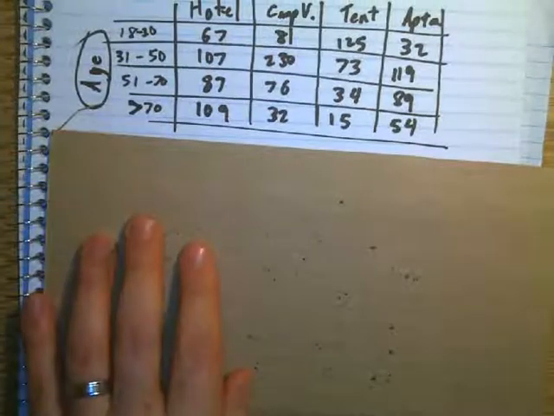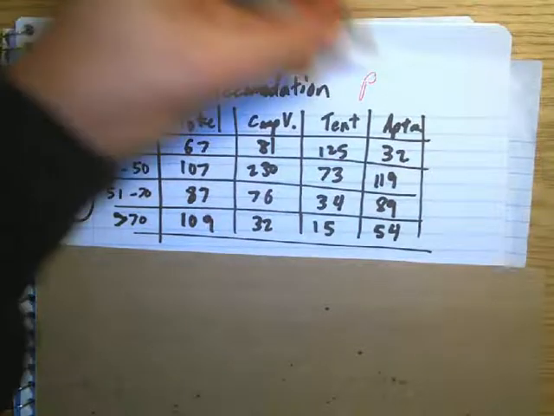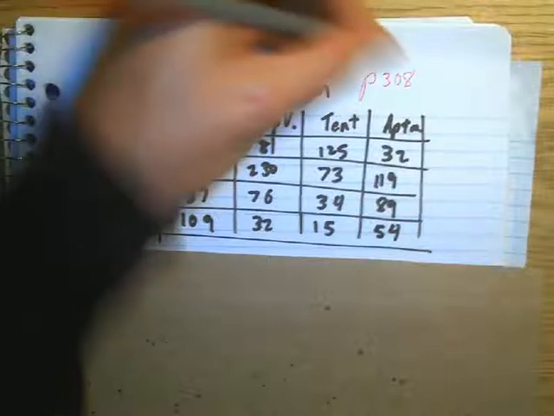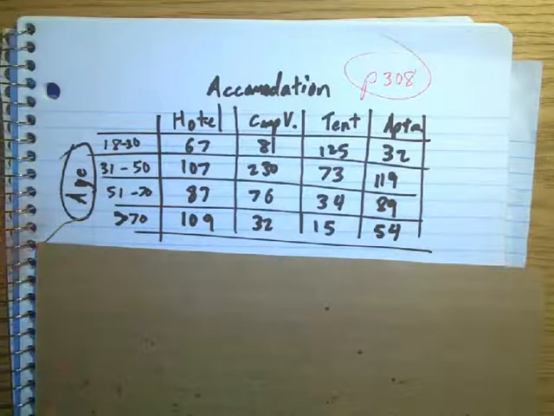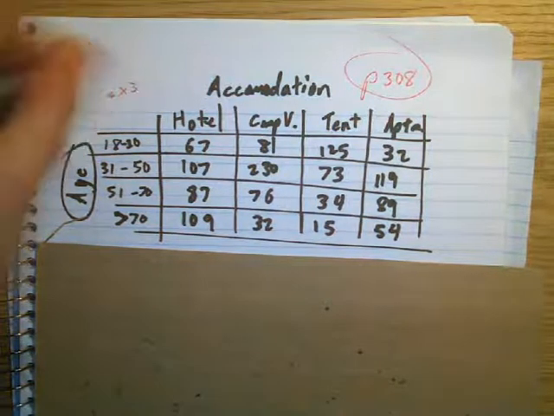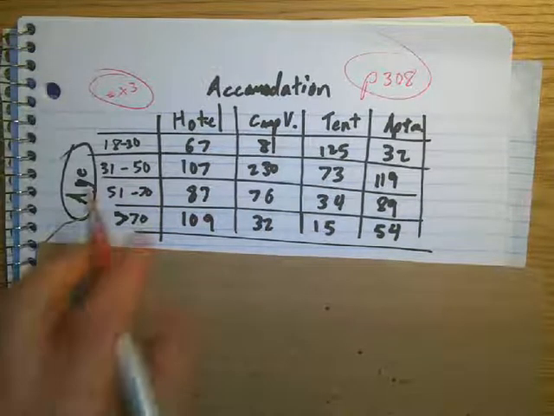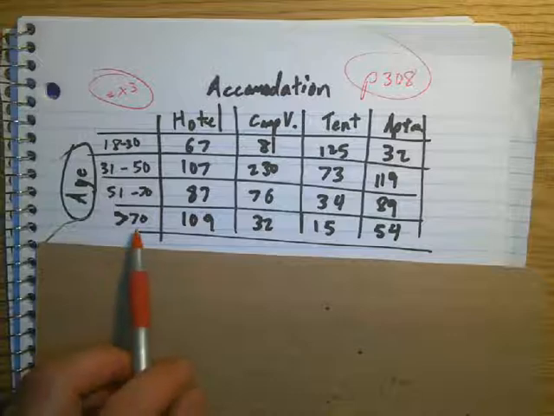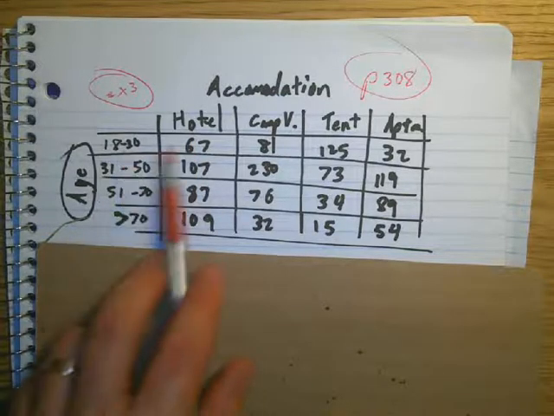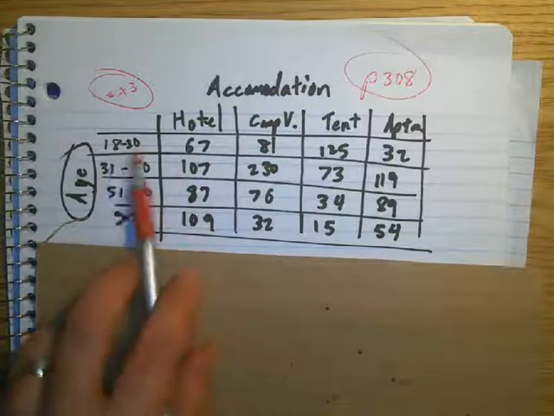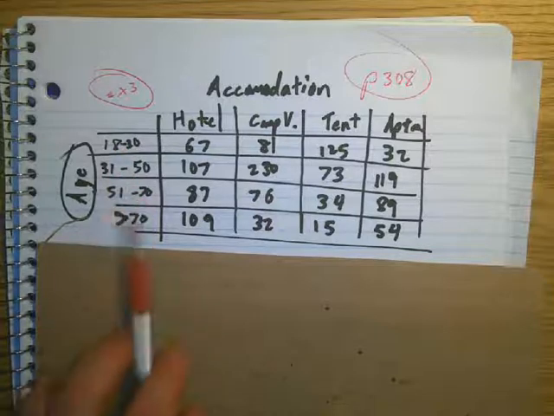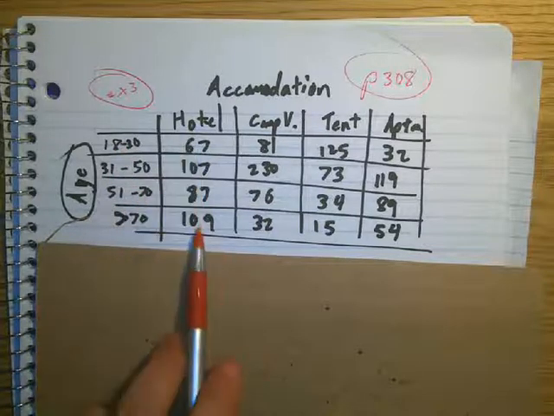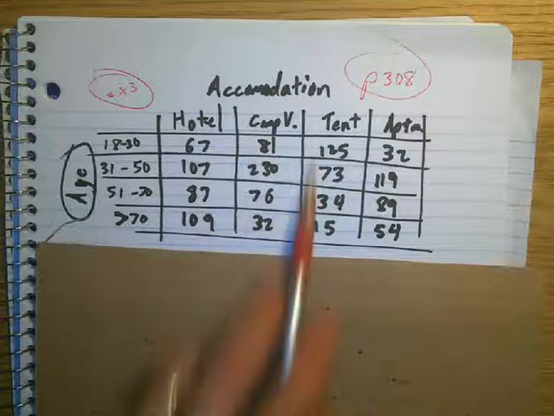Okay, this is a problem in the book on page 308. Let's talk about this together. This is example 3. Okay, so this data is in a particular town. People of this age group, this age group, this age group, and greater than 70 staying in hotels, camper vans, tents, apartments.